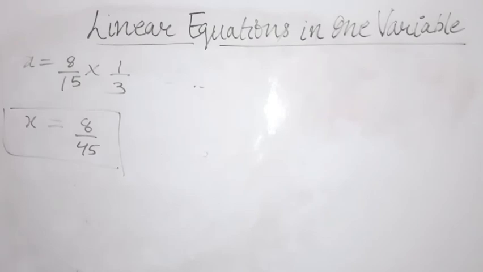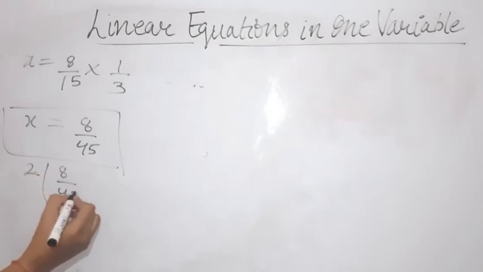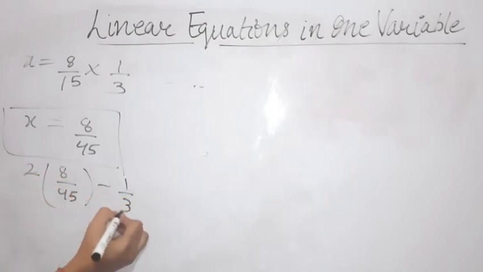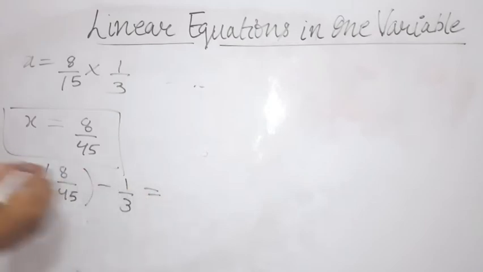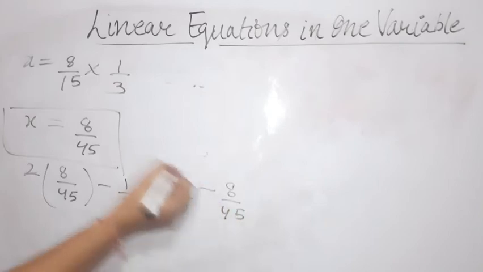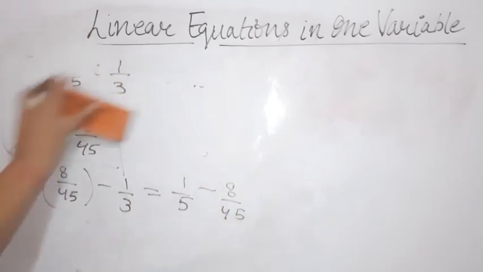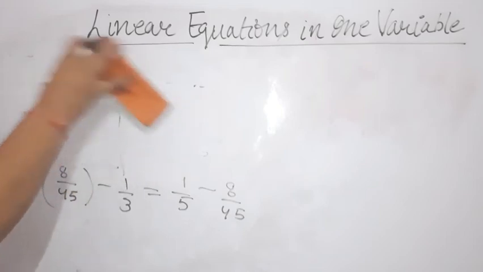For that I have to write the equation once again: 2x minus 1 upon 3, with 8 upon 45 in place of x, minus 1 upon 3 is equal to 1 upon 5 minus 8 upon 45, because it was 1 upon 5 minus x. Now we have to check whether the left hand side is equal to the right hand side.